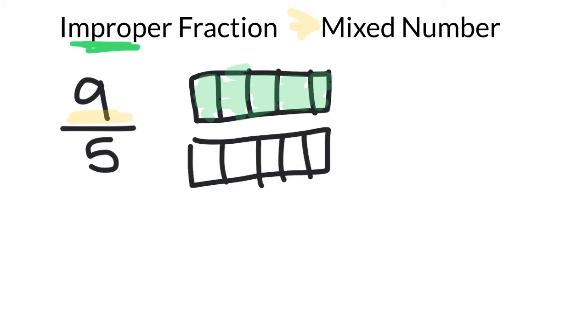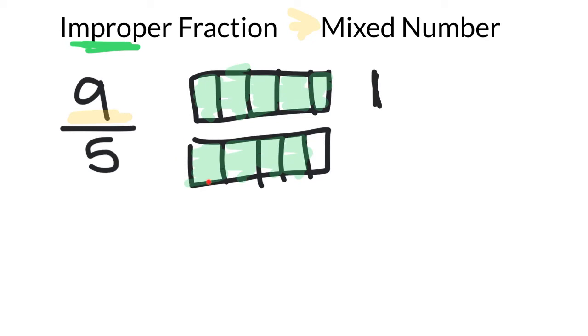Okay, let's keep going from 5, 6, 7, 8, and 9. So now I can write my answer as a mixed number. I can see that I have one whole bar colored in, so that would signify one whole.